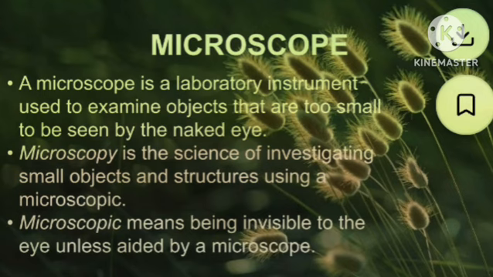And a microscope is a laboratory instrument used to examine objects that are too small to be seen by the naked eye. Microscopy is the science of investigating small objects and structures.